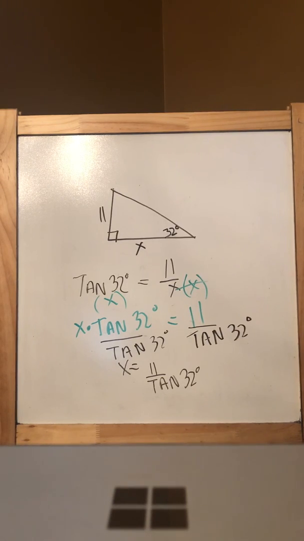Let's see. What does it say? It says 0.6249. So we have 11 over 0.6249. If you do that on your calculator, you will get X, and you'll see that X is about 17.6. And that's how you would solve one of those.